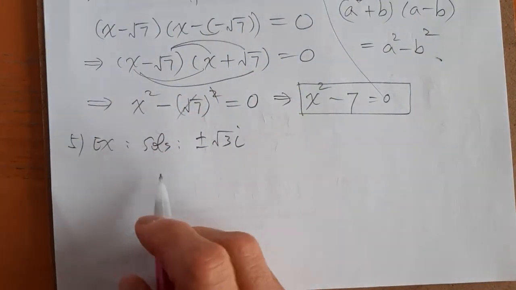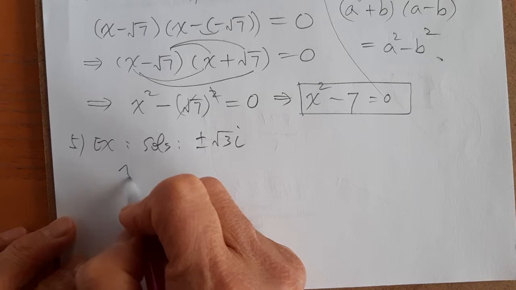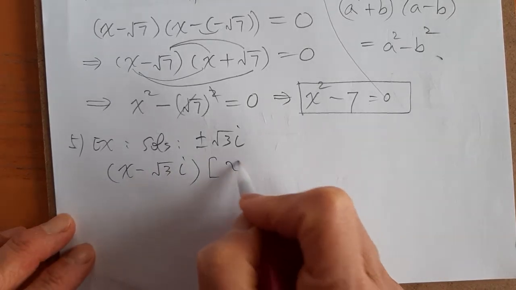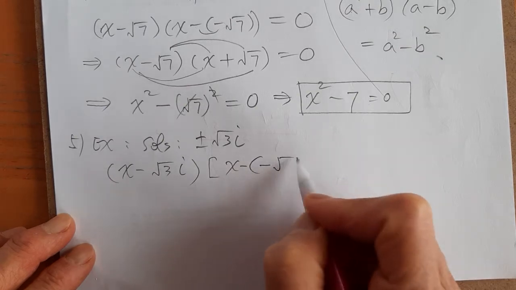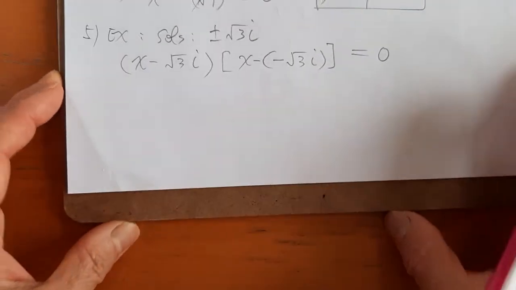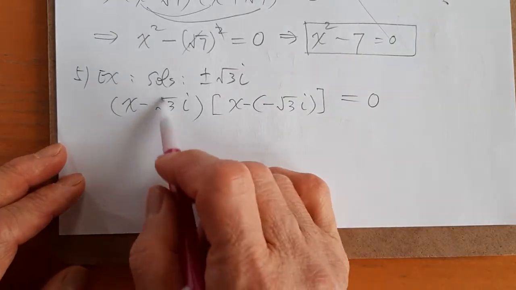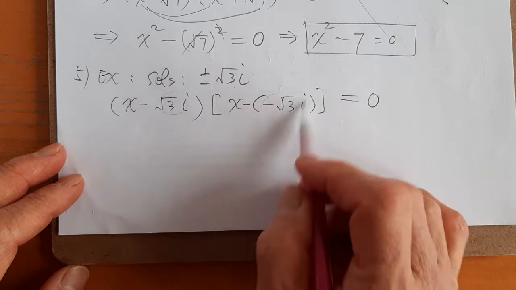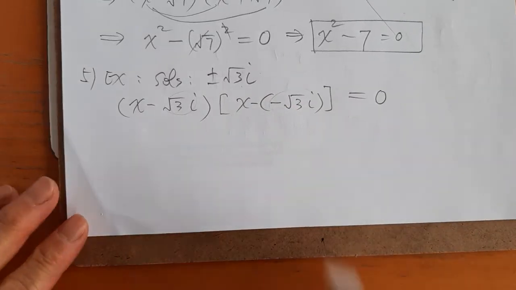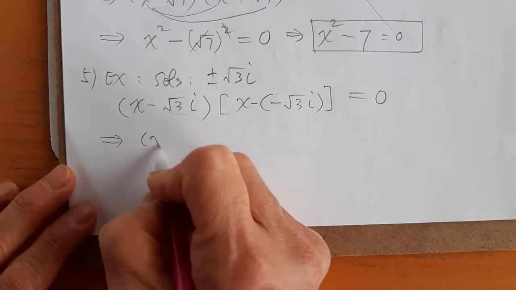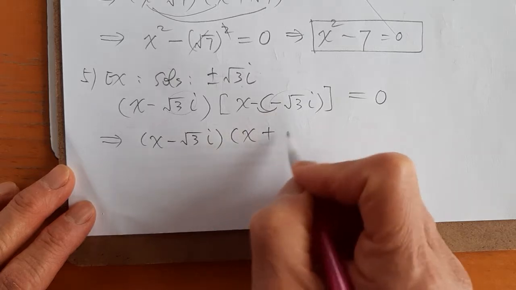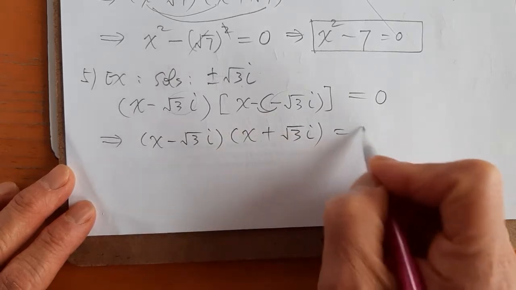You can write it as (x minus square root of 3i) times (x minus negative square root of 3i) equals 0. This quadratic equation has positive square root of 3i and negative square root of 3i as the solutions. Then we have to figure out, so this is (x minus square root of 3i) times (x plus square root of 3i) equals 0.